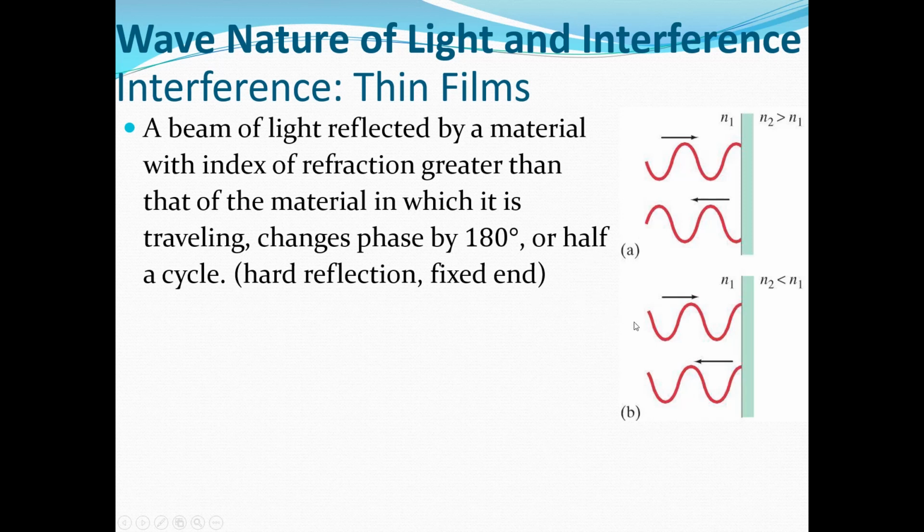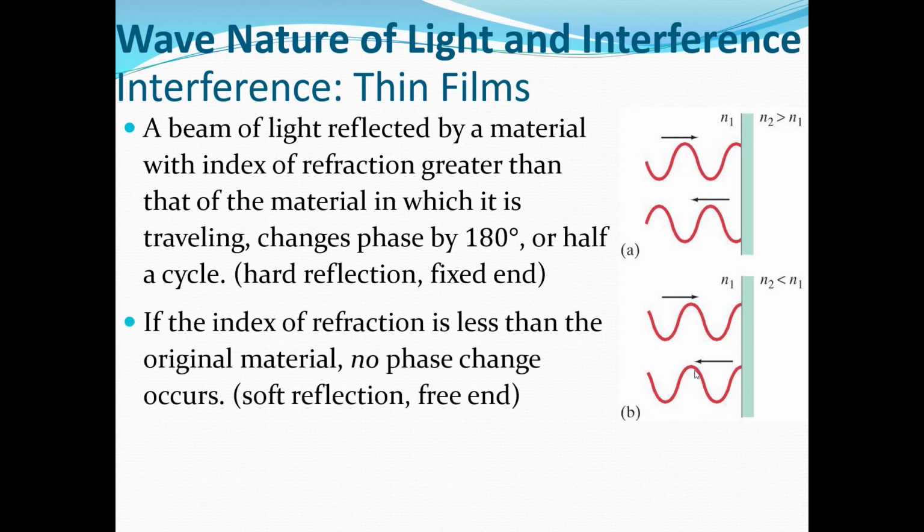If, on the other hand, it comes in and the new boundary has a lower index, or it's faster than the original material, then when it bounces back, there's not going to be a phase shift at all. So you want to keep track of that when we're dealing with the light beams bouncing off of these boundaries, and make sure to know which reflections end up being hard reflections, causing this half a wave phase shift, and which ones are soft reflections, ones that result in no phase shift.